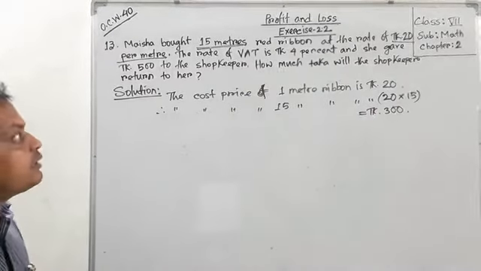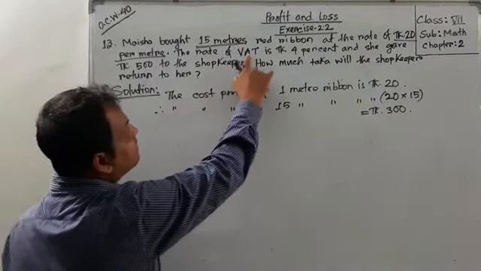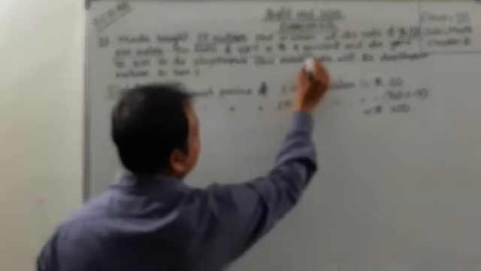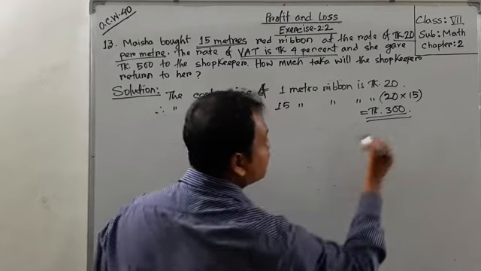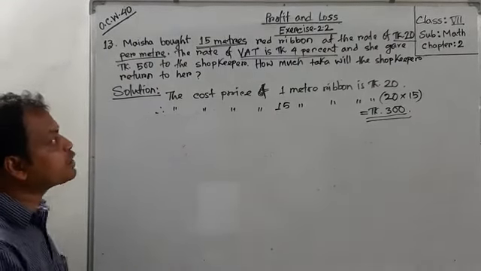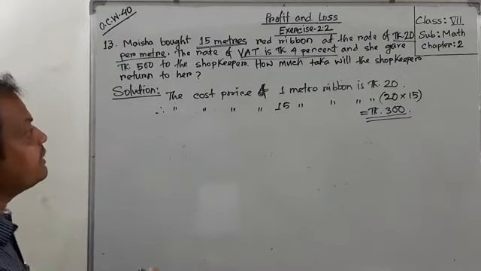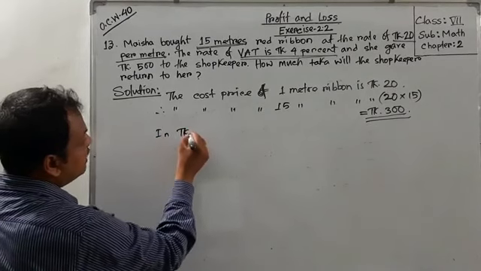Now the shopkeeper has taken VAT. VAT is 4%. So for 300 taka, what is the amount he has to pay as VAT? We have to find this. 4% means in taka 100.